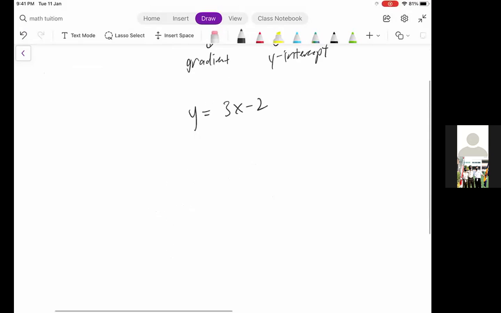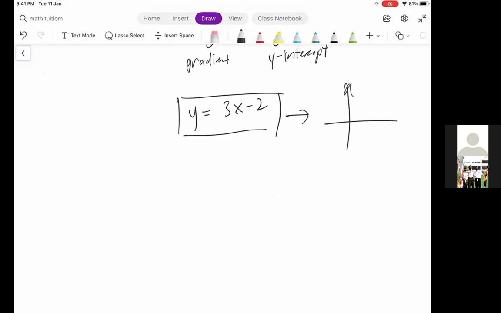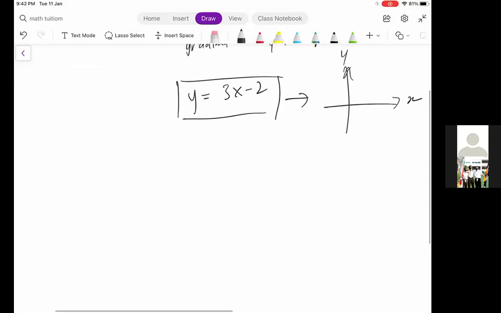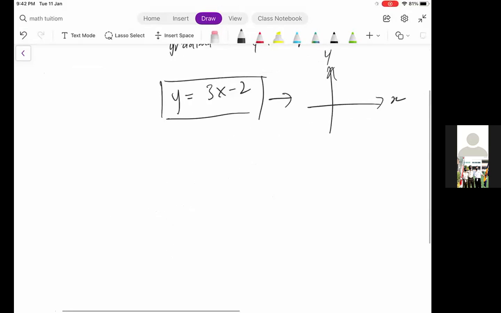So how can we make this visually appear on a graph? So first of all, we have to find the points along this equation first. So we can find our points in this manner. So we let our x value equal to 0 to find our y-intercept.